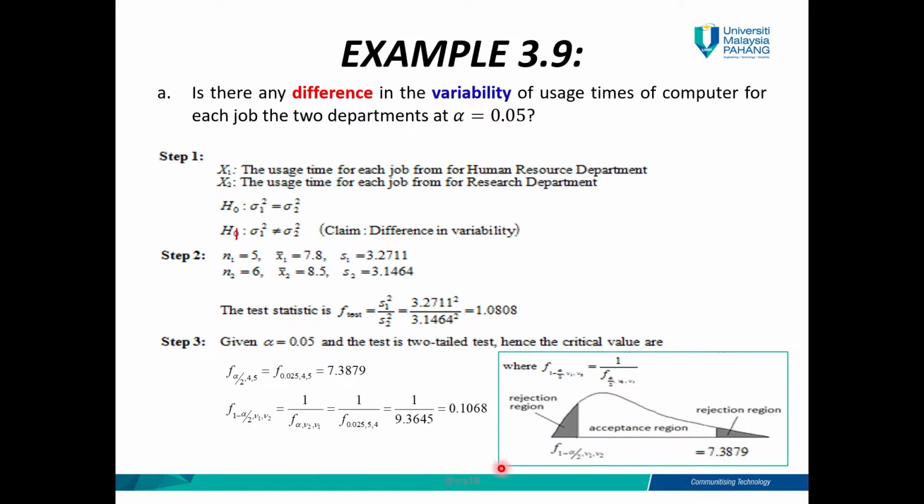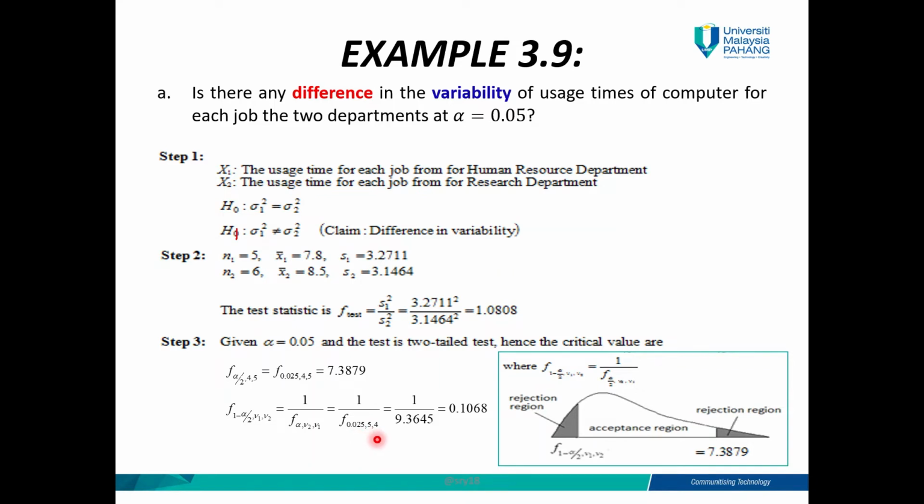For the left hand side, it is F 1 minus alpha divided by 2, nu 1, nu 2, which is also equivalent to 1 divided by F alpha, nu 2, nu 1. So that is F 0.025, 5, 4. Find this in your table: the page that has alpha 0.025, at the top row find number 5, at the side column find number 4.